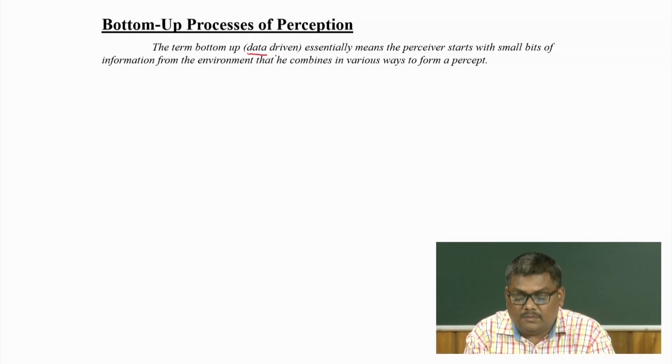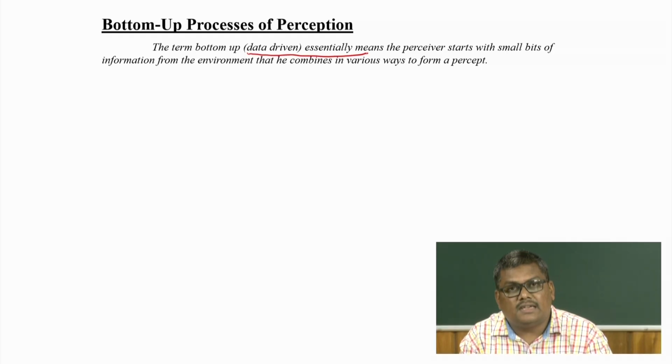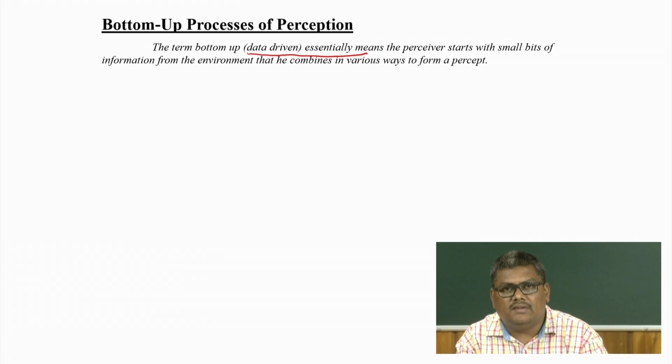The term bottom-up process or data-driven process essentially means the perceiver, the person who is perceiving, the brain which is perceiving the image, starts with bits and pieces of information of the object in the environment, integrating them together to form a percept.